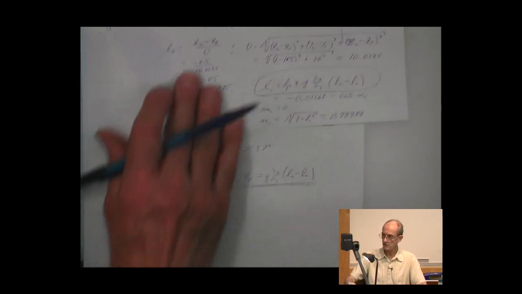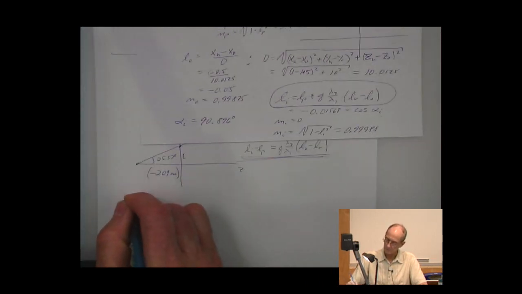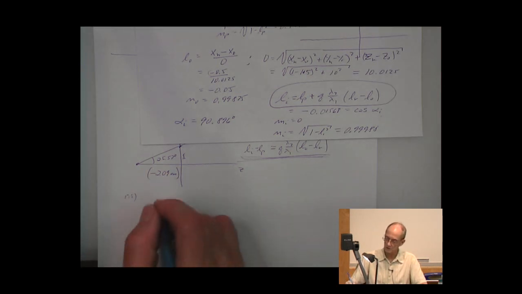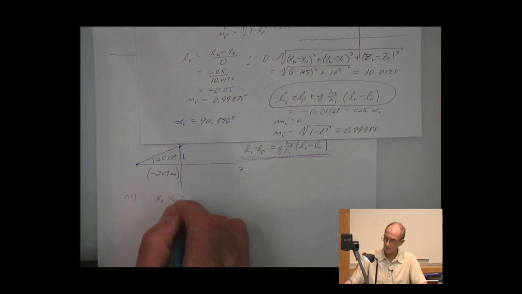All right, so part 3 on that question is compute. Now let's look at the secondary paraxial image, which is x4, y4, z4.